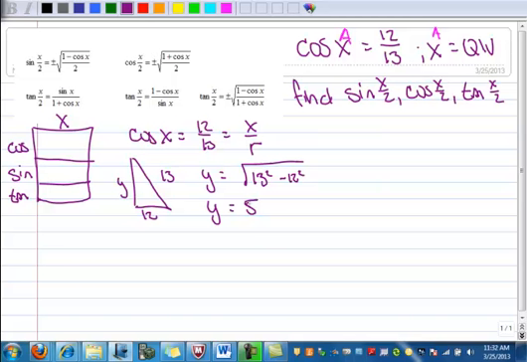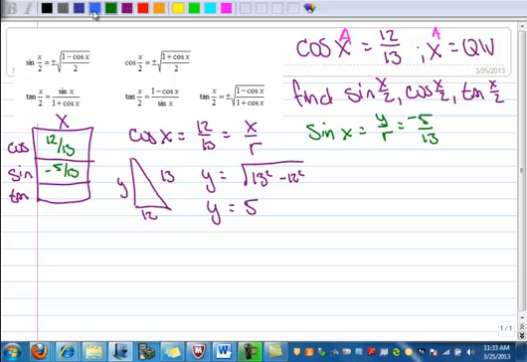Okay. And we know the whole angle is in quadrant 4, so the cosine is given as 12 over 13. So the sine then, that's y over r, so y is 5, r is 13, but in quadrant 4 it has to be negative, so negative 5 over 13.